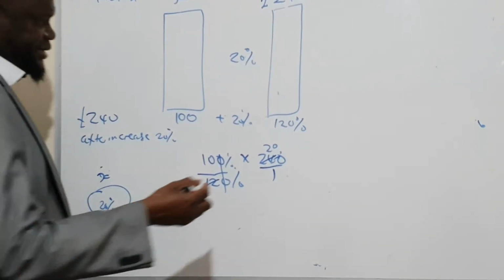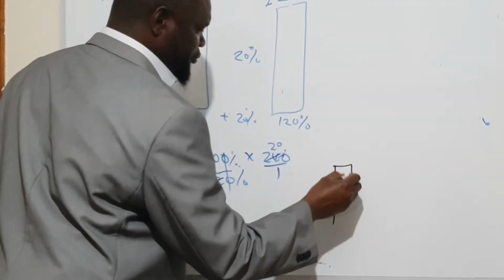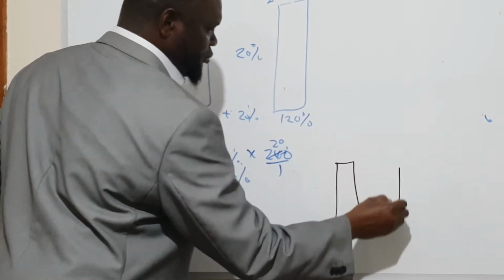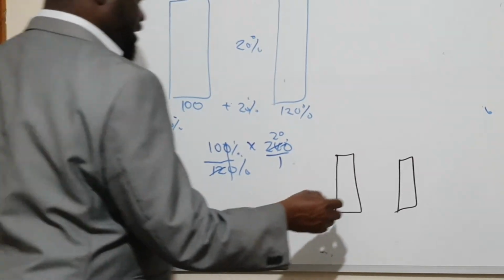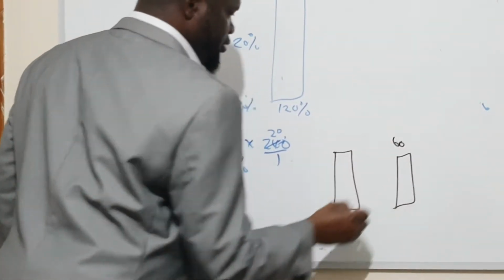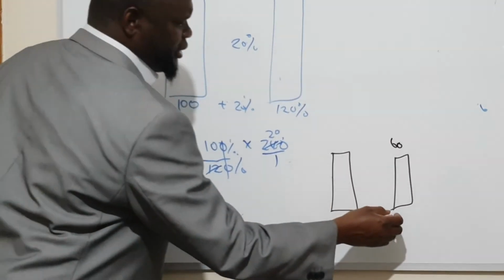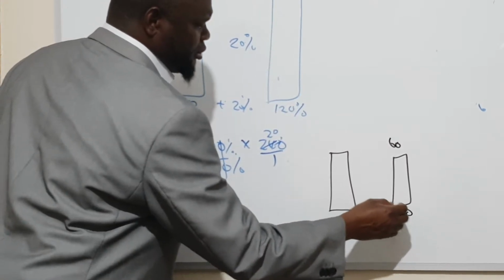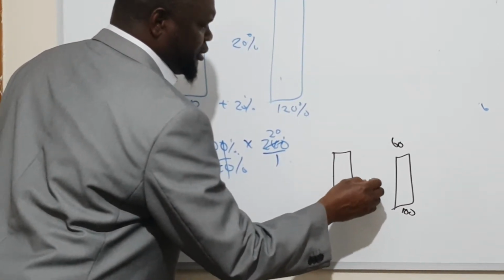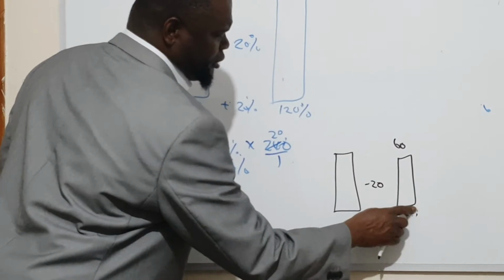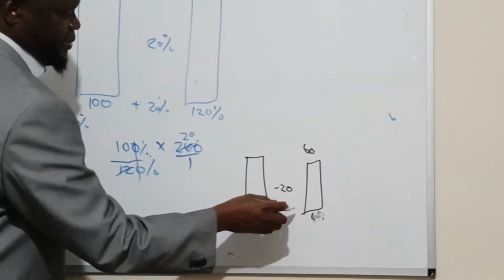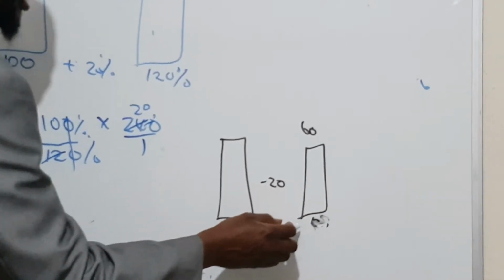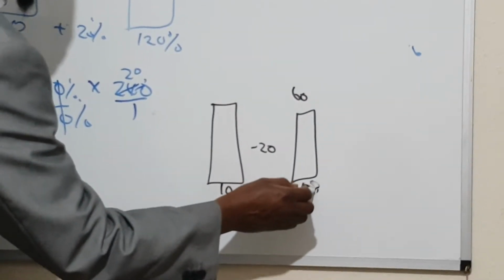After the discount, yes? Look at it. I do the 2 bars. After the discount, the value was 60. And that was 100, in terms of percentages. You take out 20%, you are left with how many percent? 80%.